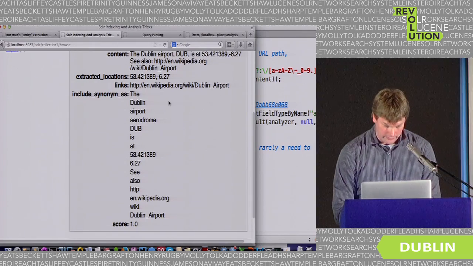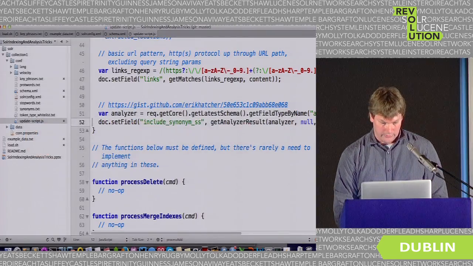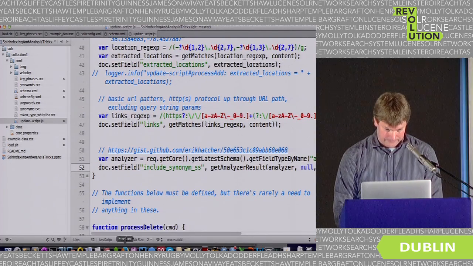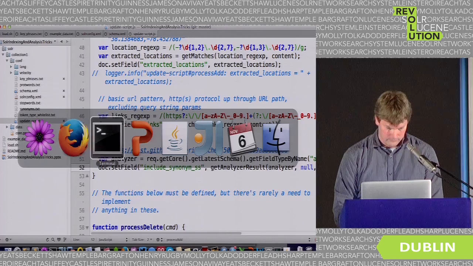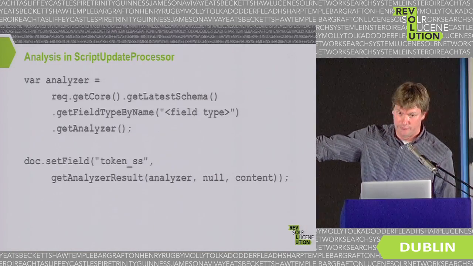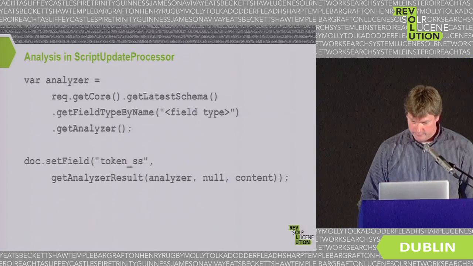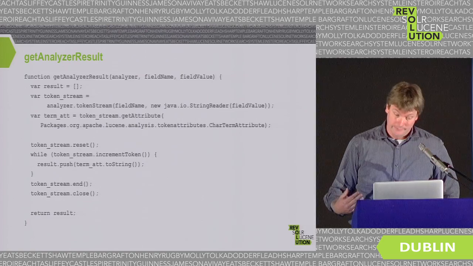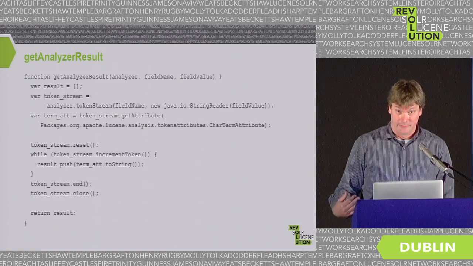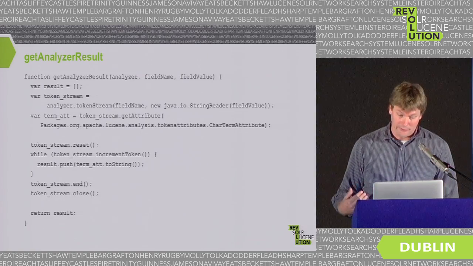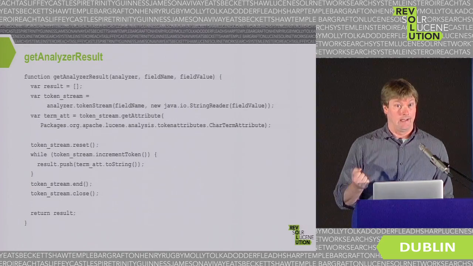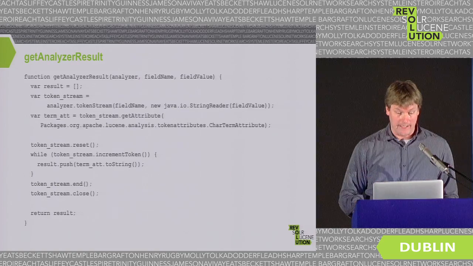So let me show you how that script gets put together here. Actually, I think I have it on the slides, so we'll go back to that. The one missing piece here is, what is that get analyzer result doing? And that is this right here. This is using Lucene and Solr's APIs within this JavaScript environment to call out. It gets the analyzer from a particular field type that gets passed in.